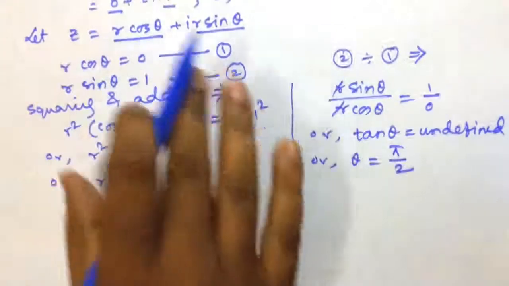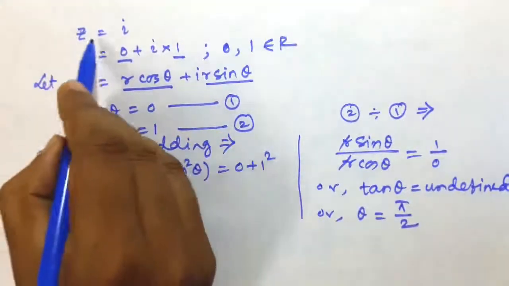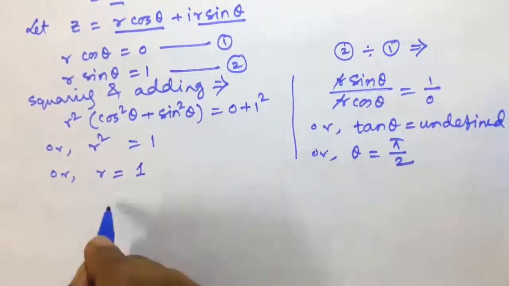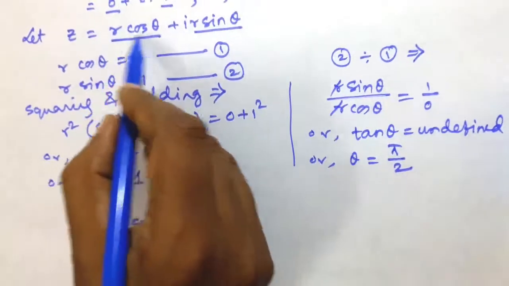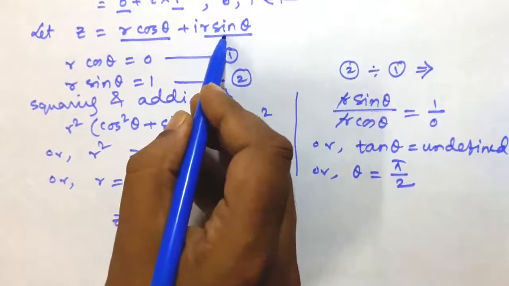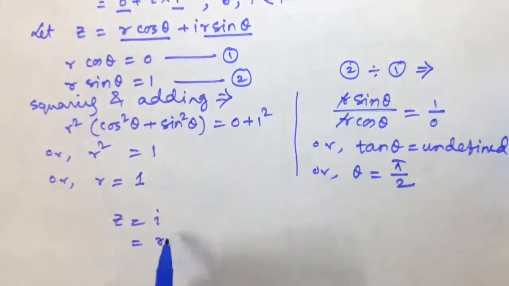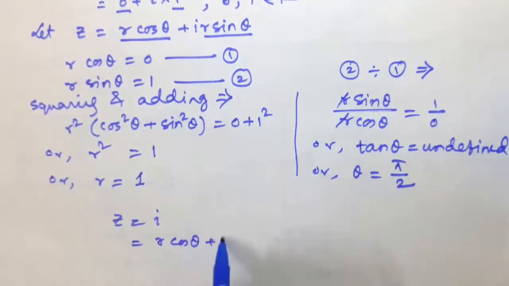Now what was our complex number? This was z is equal to i, and i was taken as r cos theta plus ir sin theta. Write it again, r cos theta plus ir sin theta.